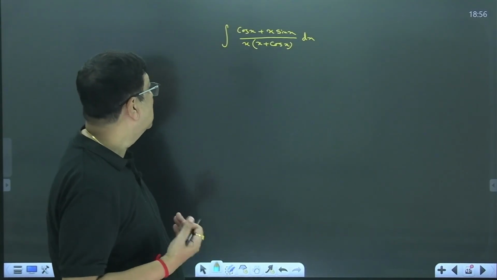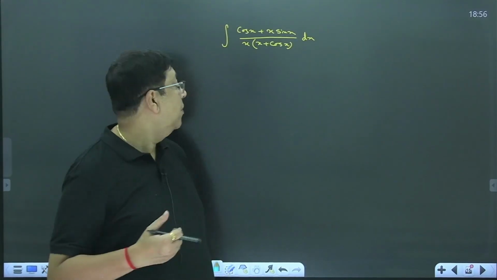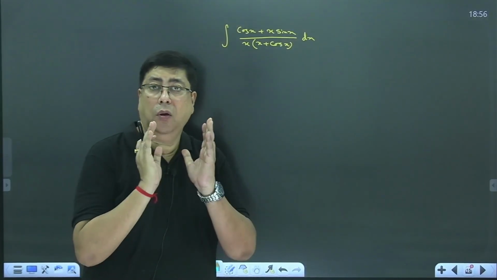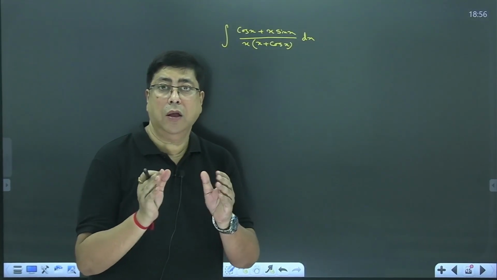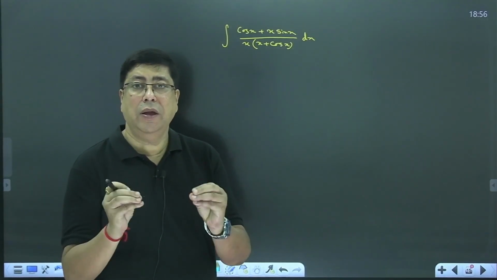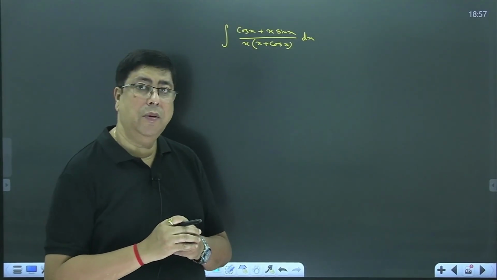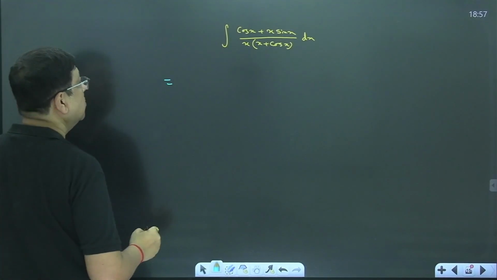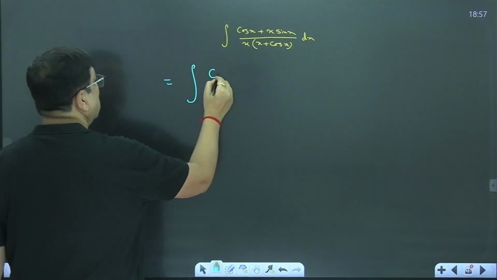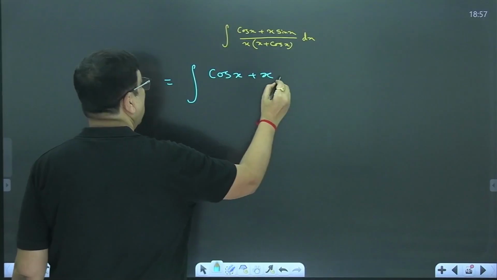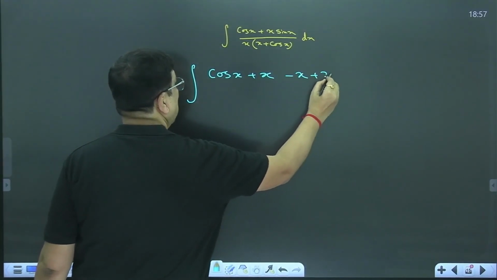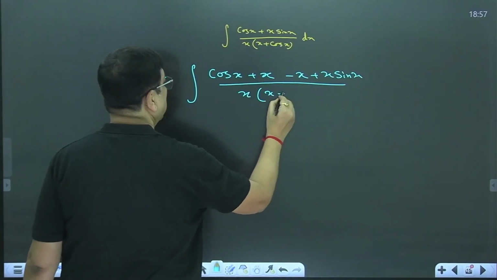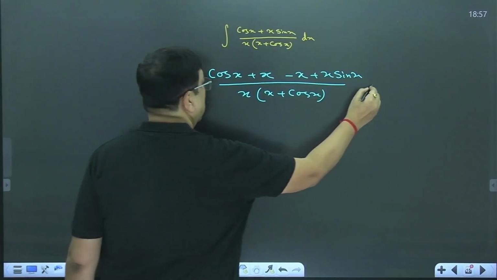Cos x plus x sin x by x into x plus cos x. So what to do? Always it will be playing in our mind that we have to take something as t whose derivative is present in the sum. Always remember this. So what we'll do in this case? Whatever we are doing, that cos x plus x, I am adding minus x plus x sin x by x into x plus cos x dx.